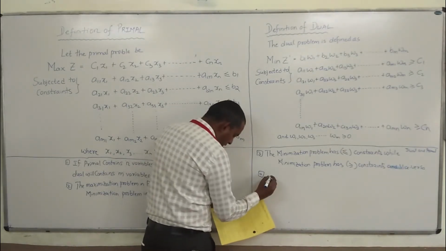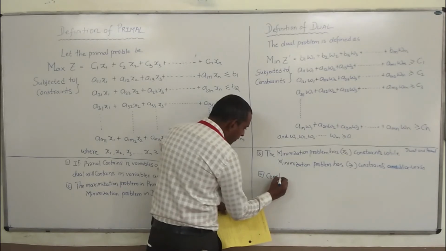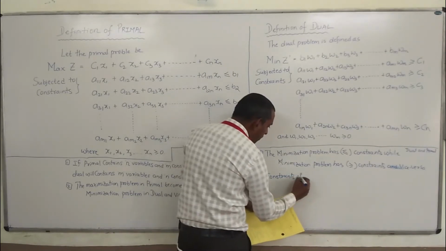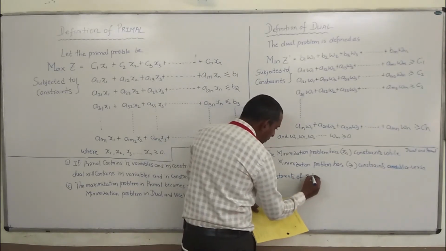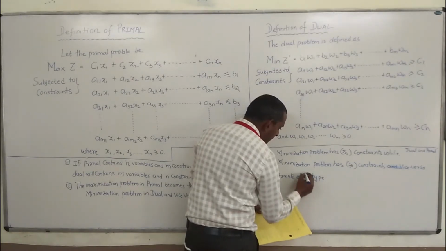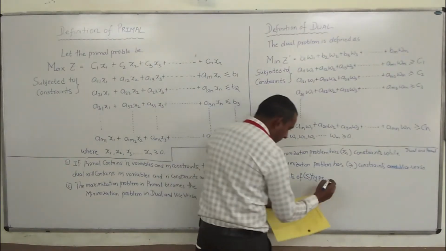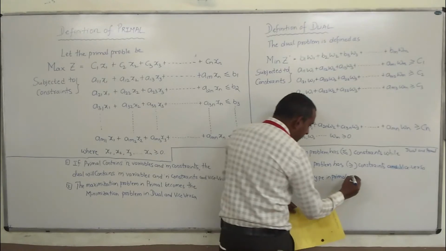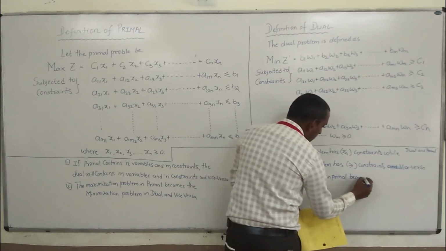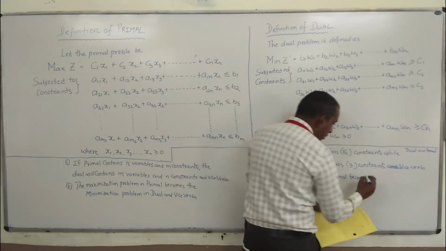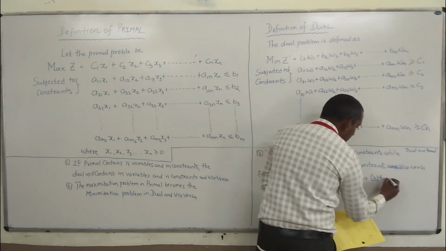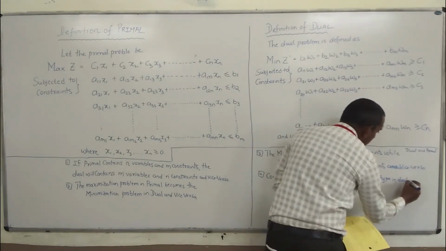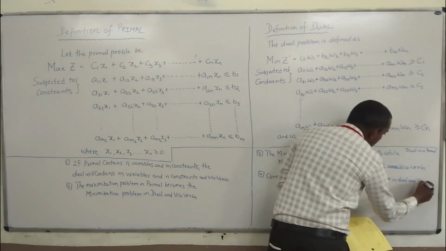Here, constraints of less than or equal to type in the primal become greater than or equal to type in the dual, and vice versa.